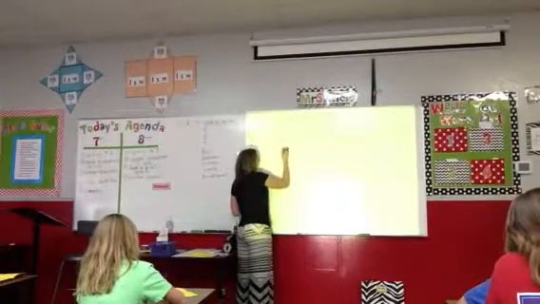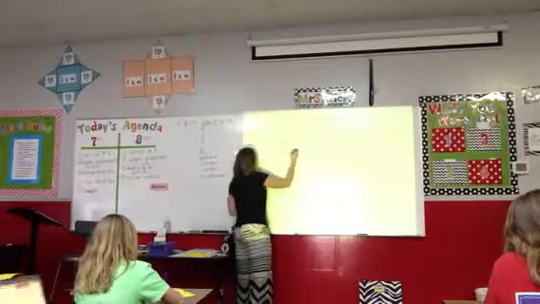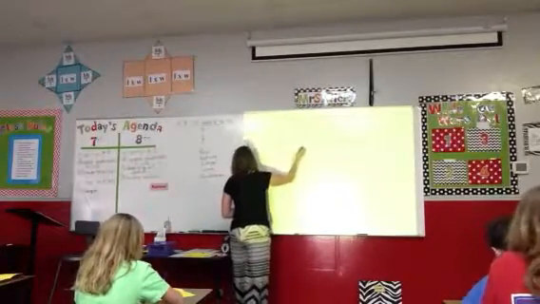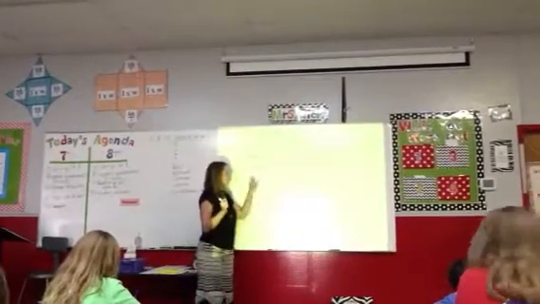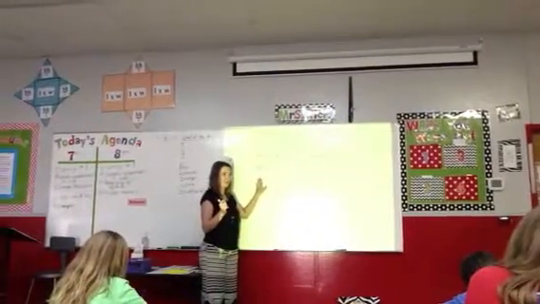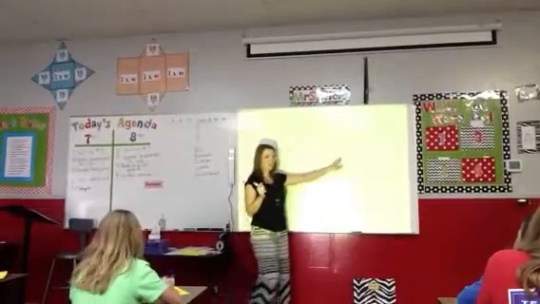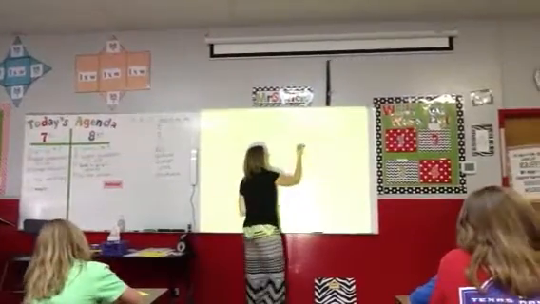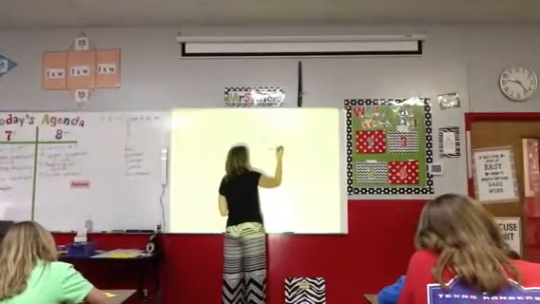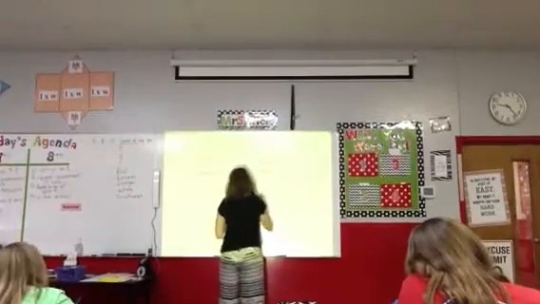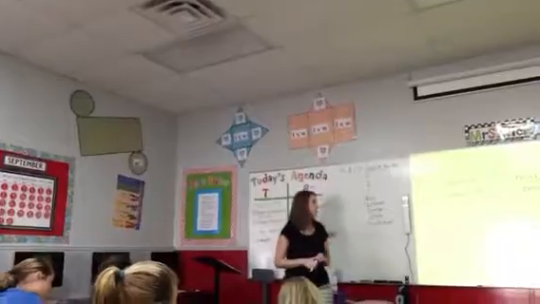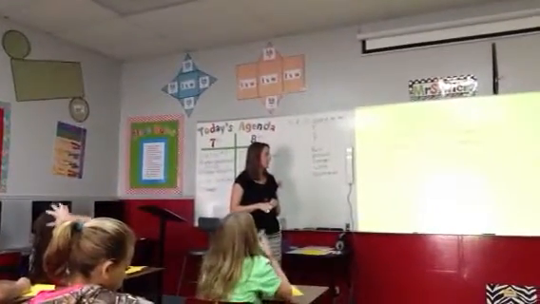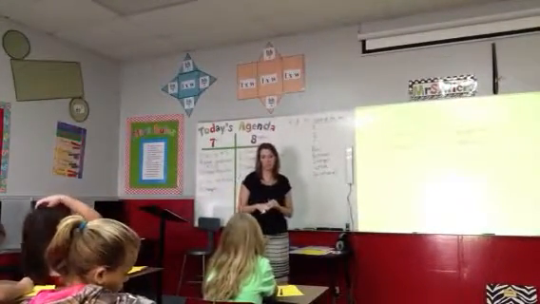So I'm going to put above 0. If positive numbers are above 0, what do we think about negative numbers? They're below 0. So positive or above 0, negative below 0.